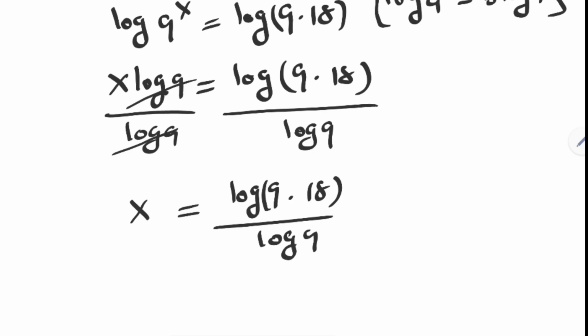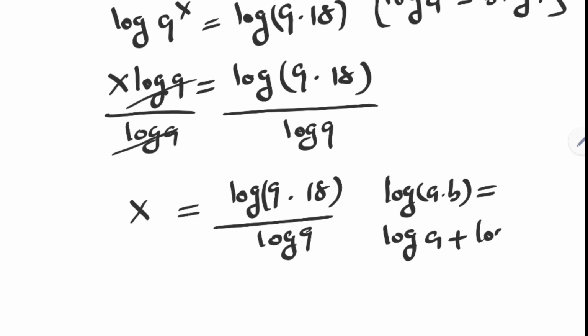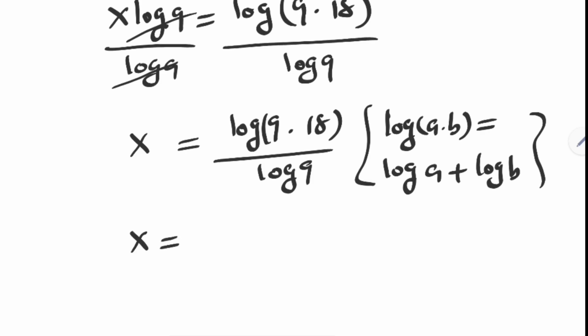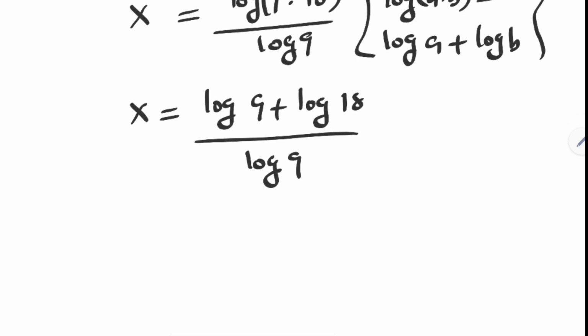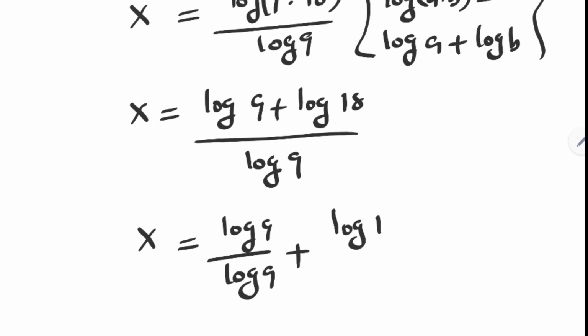Take note of this, that if you have log a multiplied by b, this is equal to log a plus log b. x is equal to log 9 plus log 18 over log 9. x is equal to log 9 over log 9 plus log 18 over log 9.